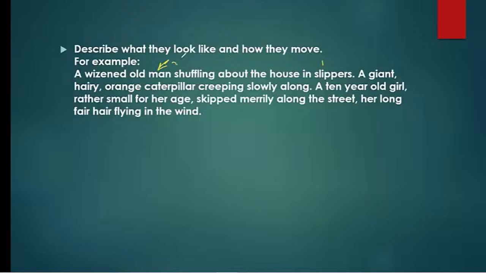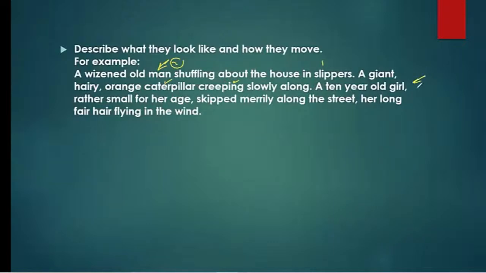So he is wise, he's wizened, and he's shuffling around the house in slippers. What other things are being described here? An orange caterpillar creeping slowly, alone. Yes, perfect. The caterpillar is also described in this scene.